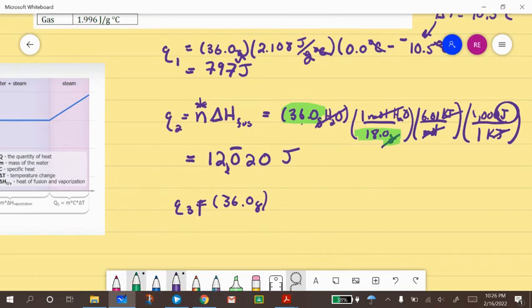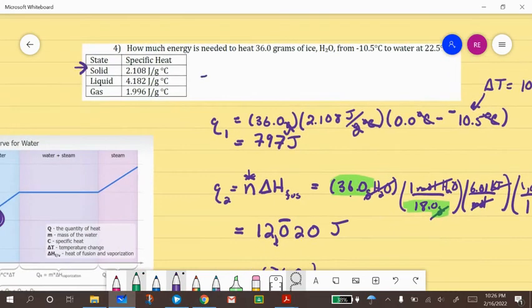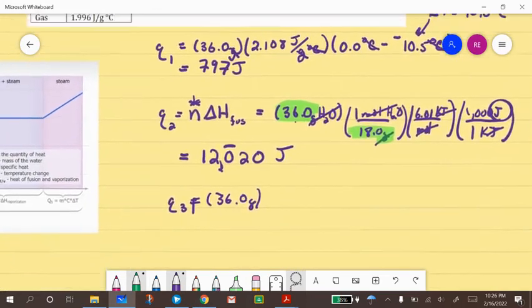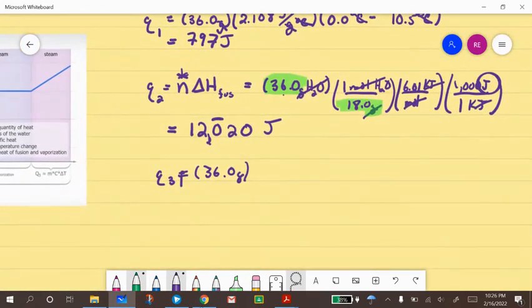And this time we're going to use, up here, the 4.182 because that's for our liquid water, because at this point we're all liquid. So 4.182 joules per gram degrees Celsius. And the change in temperature this time, our T final is 22.5 and our T initial was 0 degrees Celsius.